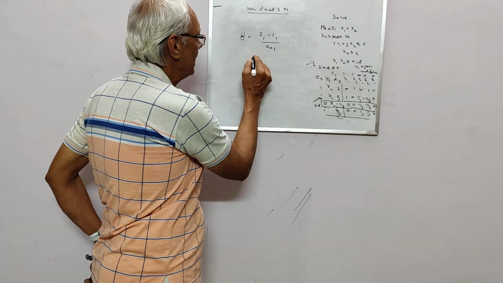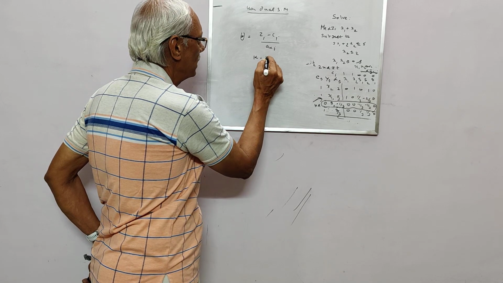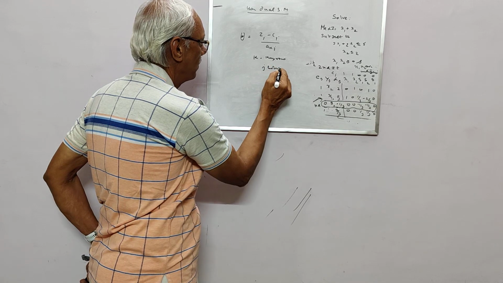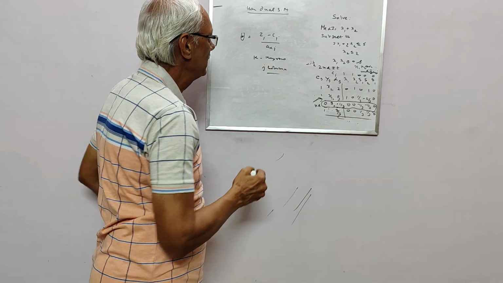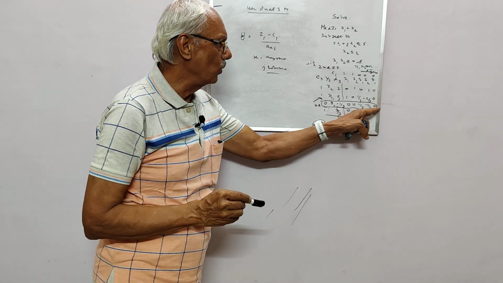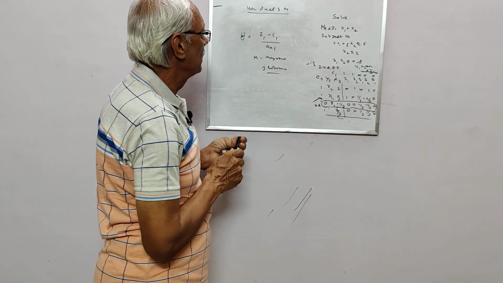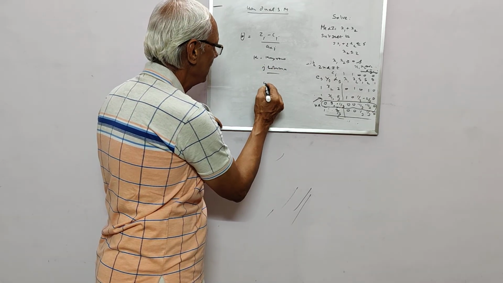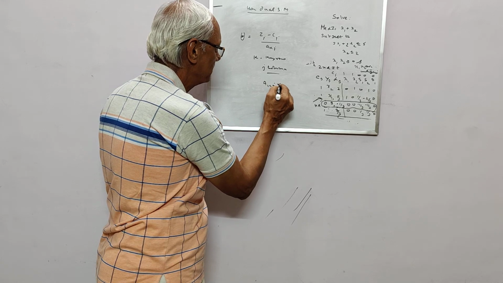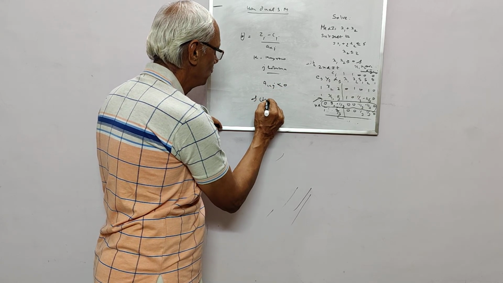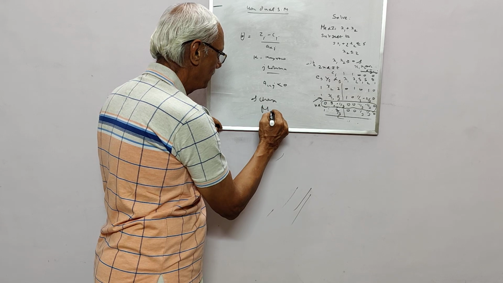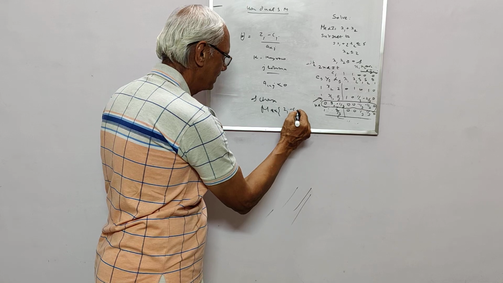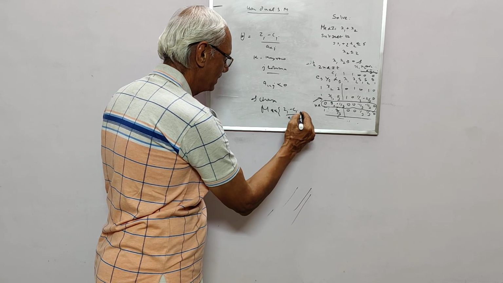Akj means K refers to your key row and J means column. Now you find the value of theta, Zj minus Cj, and the condition is Akj must be less than 0 and choose the maximum of Zj minus Cj divided by Akj.